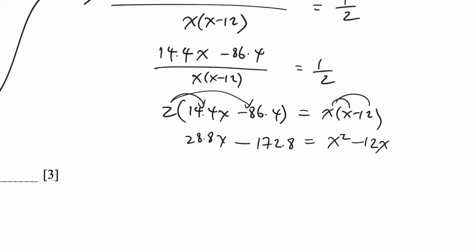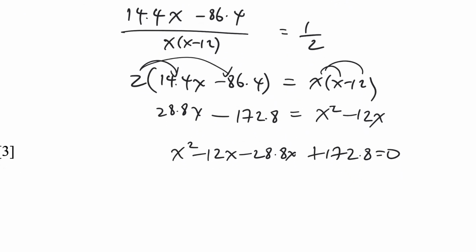Let's move everything to one side. To the right side: X squared minus 12X minus 28.8X plus 172.8 equals 0. Negative becomes positive, positive becomes negative when moving over. Negative 12 minus 28.8 is negative 40.8X.